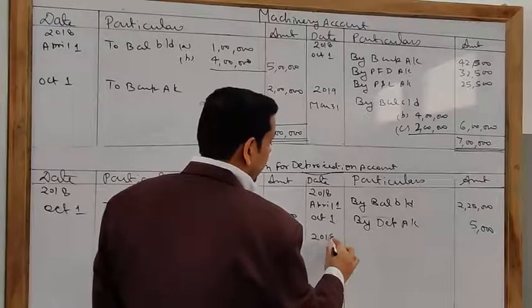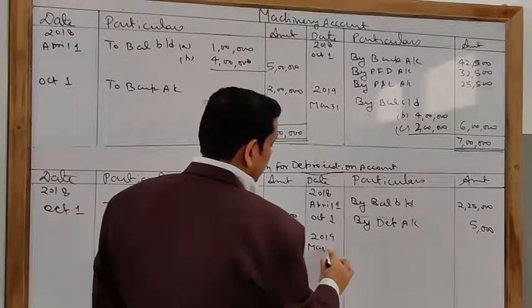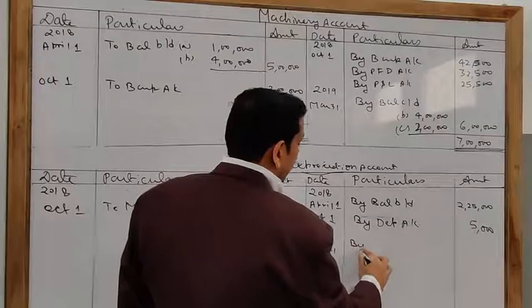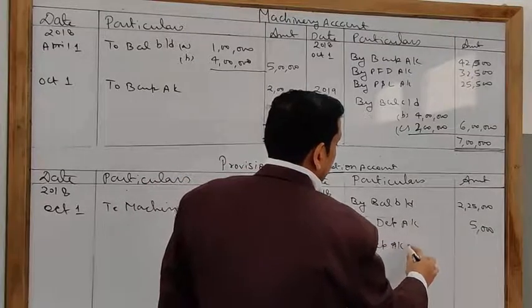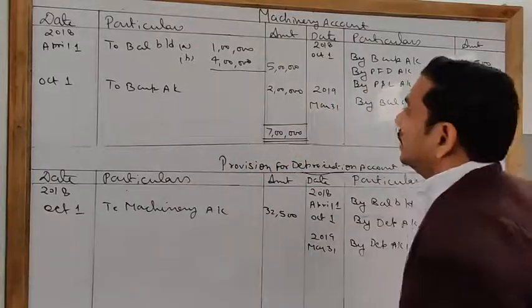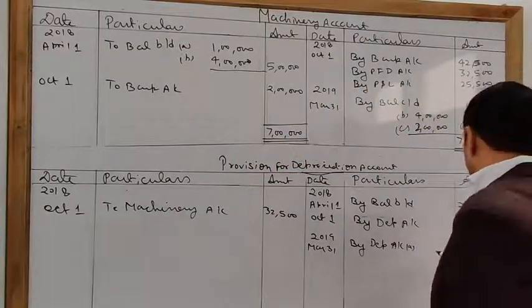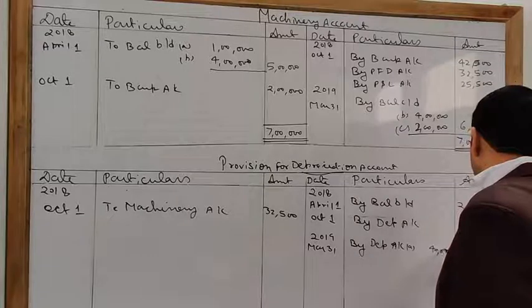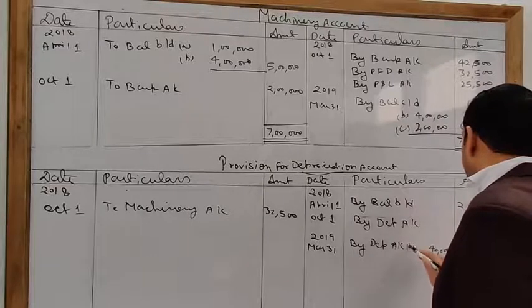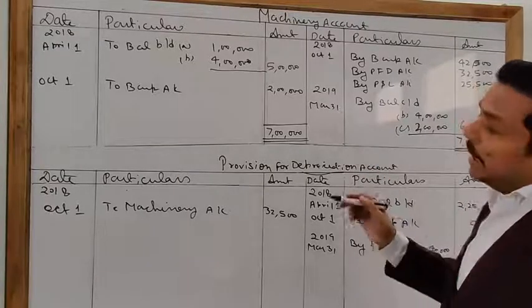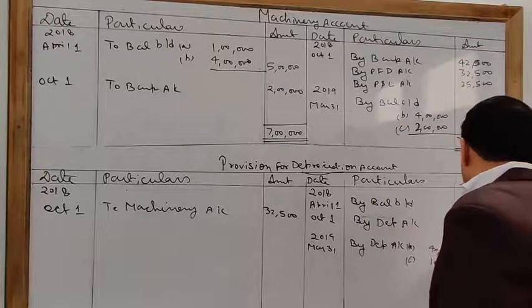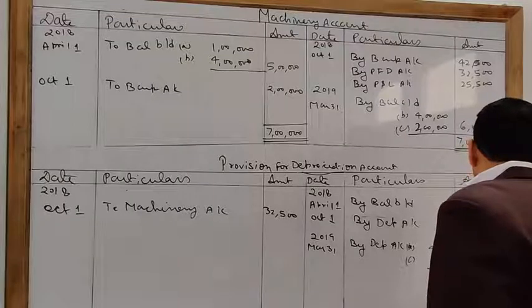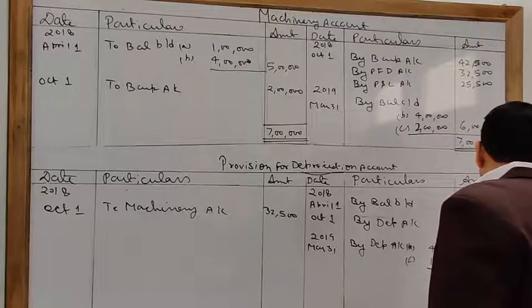So 2019 March 31st by depreciation account. Machine A, sorry, B machine 4 lakh 10% depreciation 40,000, and for C 2 lakh 10% 20,000, and for half year so 10,000. 50,000. Clear? Make a total 2 lakh 80.